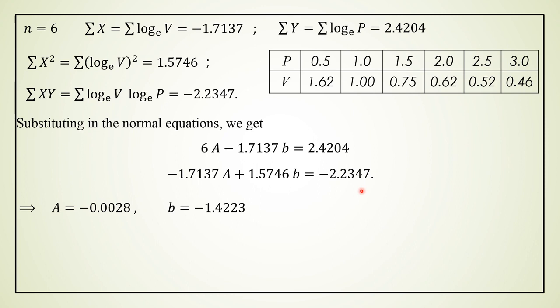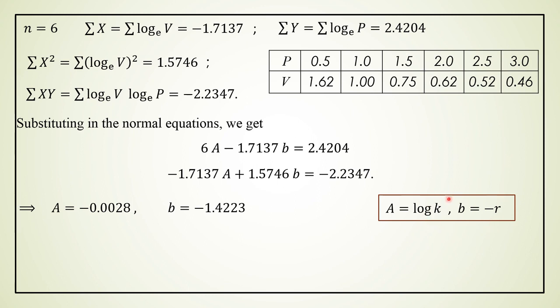By solving these two equations, we obtain the value of A to be minus 0.0028 and b is equal to minus 1.4223. But just observe that capital A is equal to log K and b is equal to minus R.